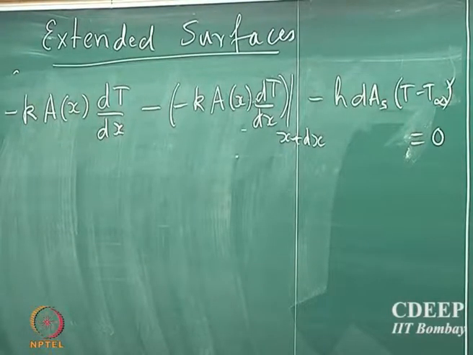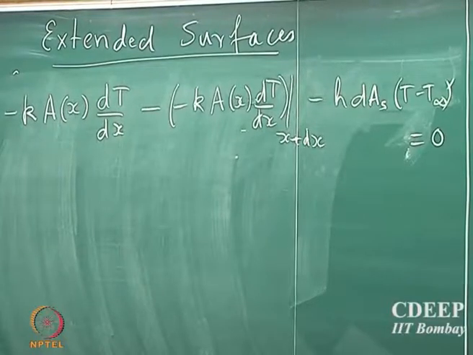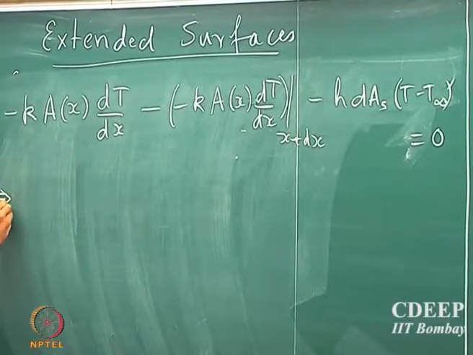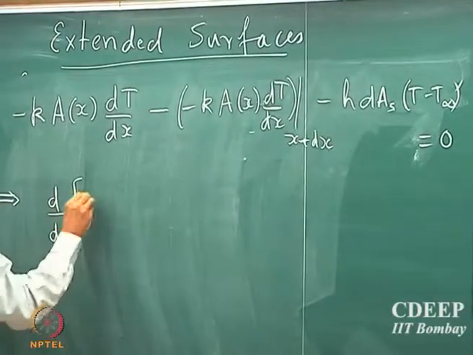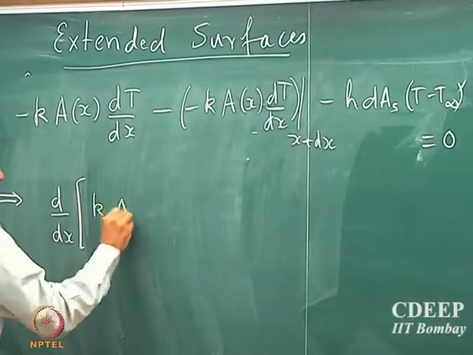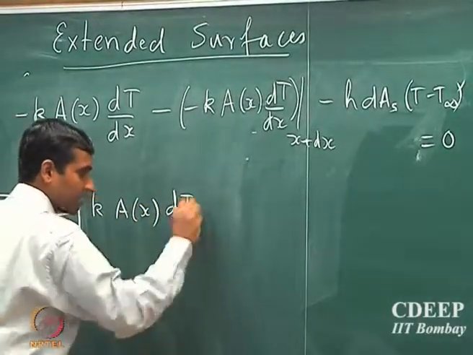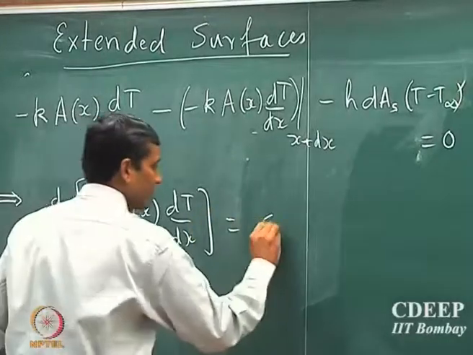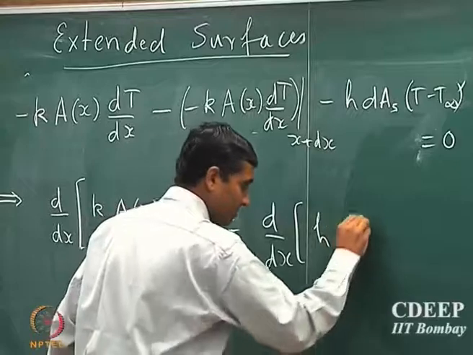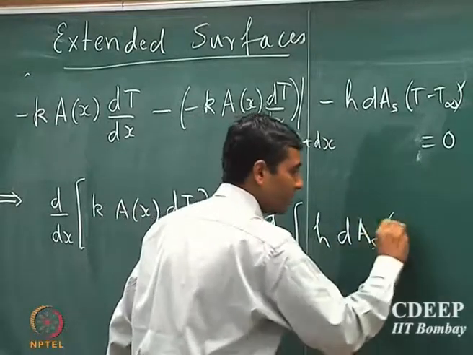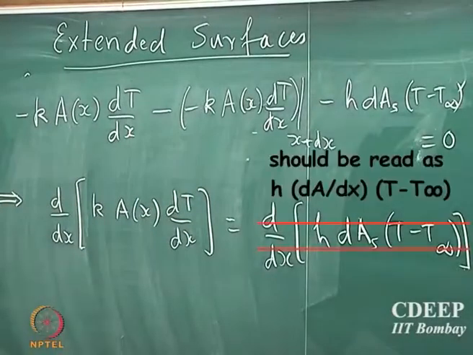Any questions on this so far? Now I could rewrite this as d by dx of k A of x dT by dx equal to d by dx of h s into T minus T infinity.